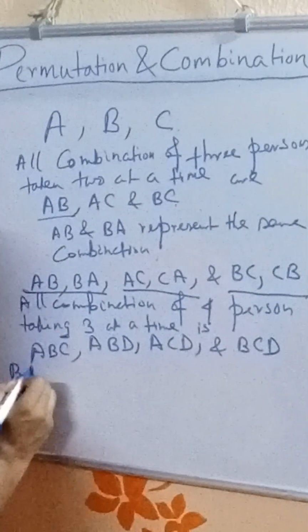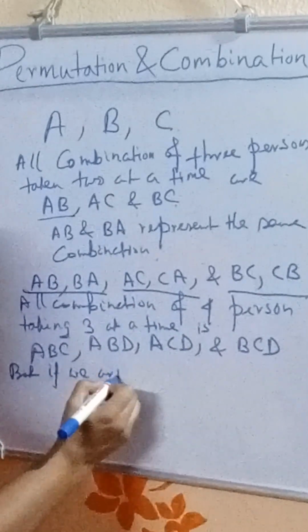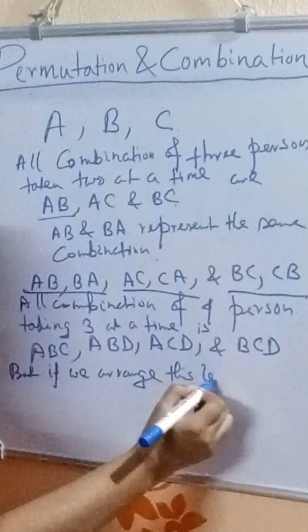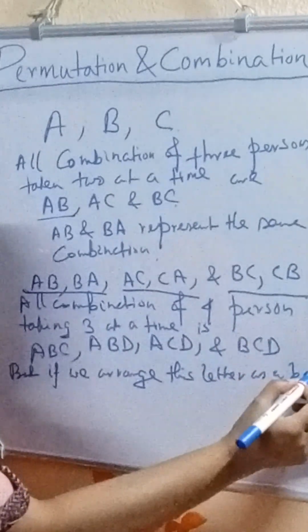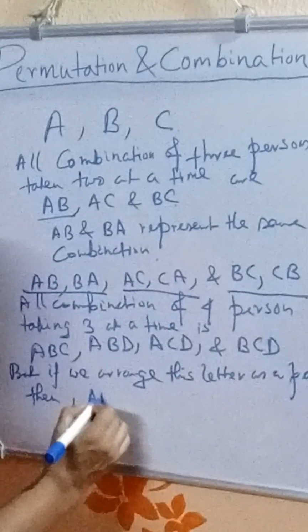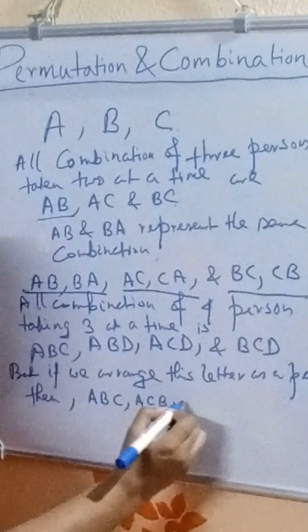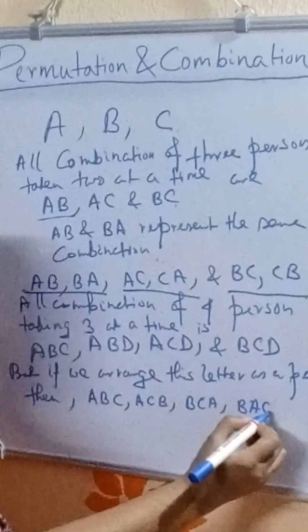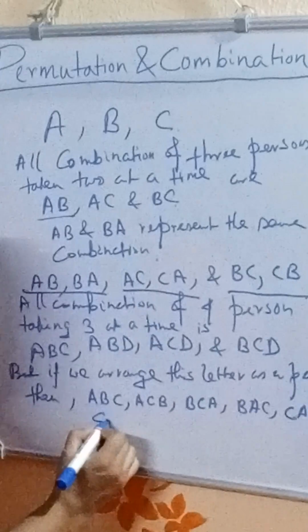But if we arrange these letters as a permutation, then ABC, ACB, BCA, BAC, CAB and CBA.